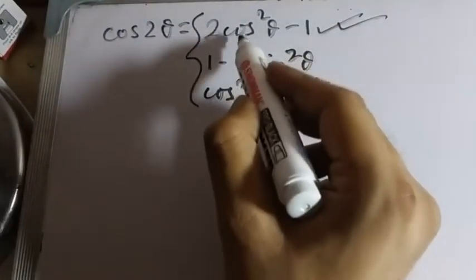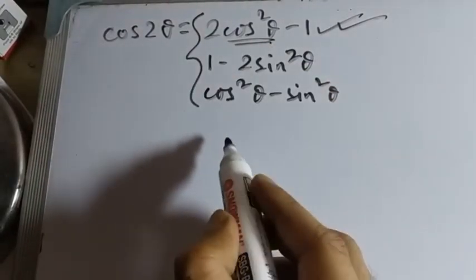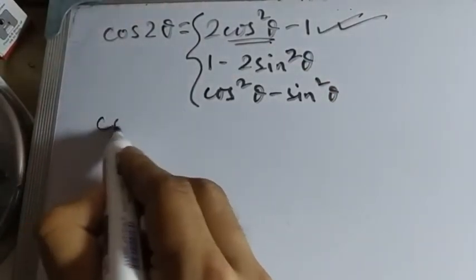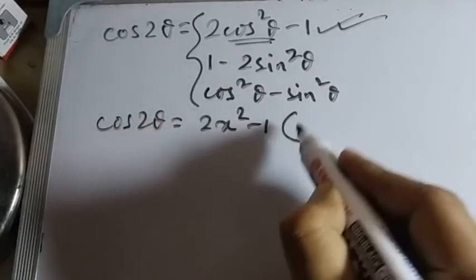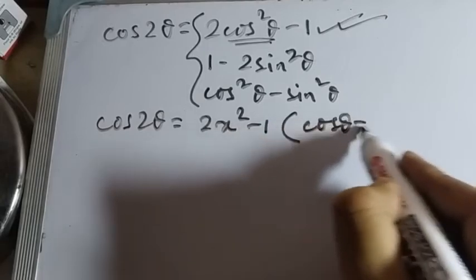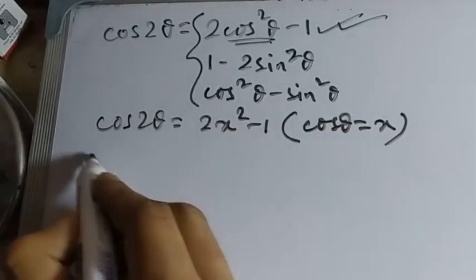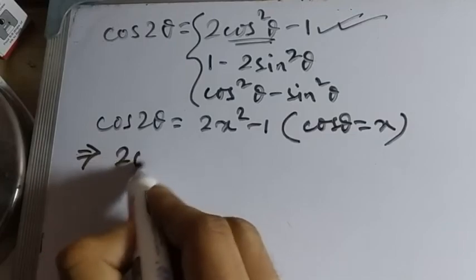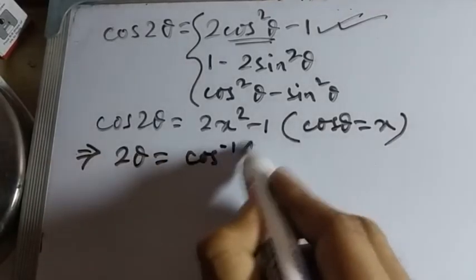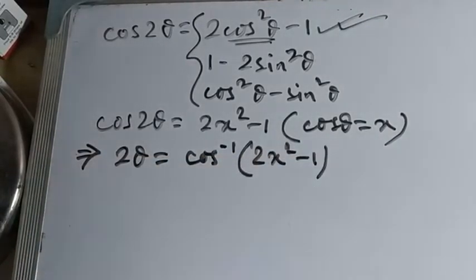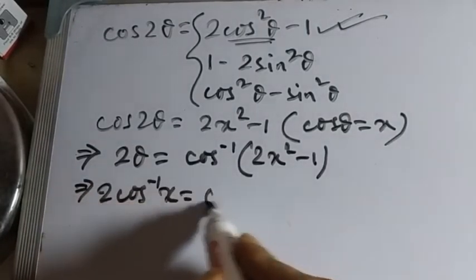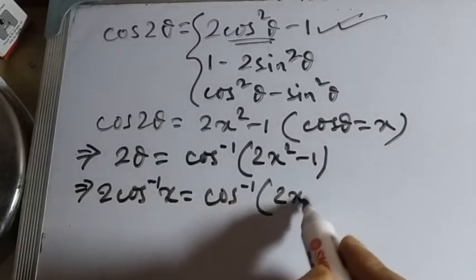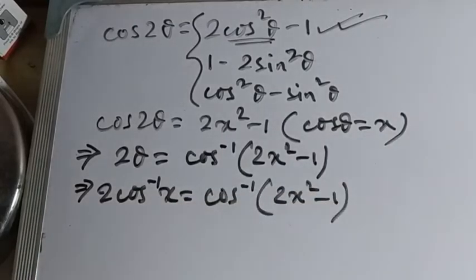If we take cos theta as x, then cos 2 theta is equal to 2x square minus 1. From here 2 theta is cos inverse of 2x square minus 1. So 2 cos inverse x is cos inverse of 2x square minus 1. So these are the formulas for multiple angles.